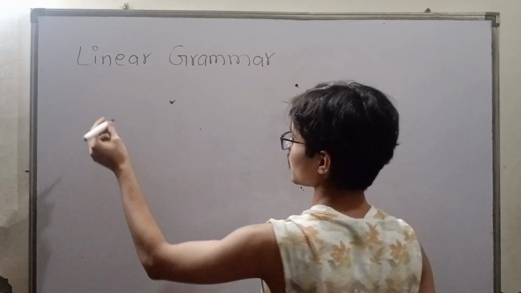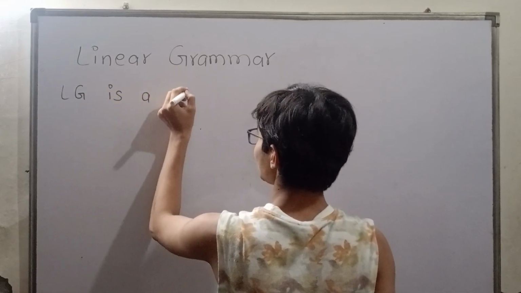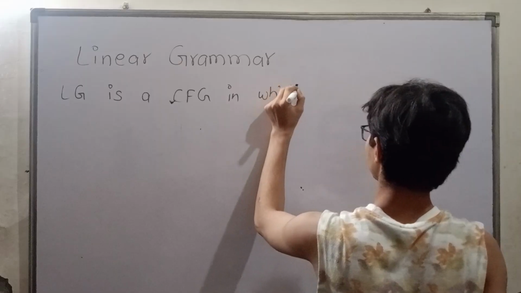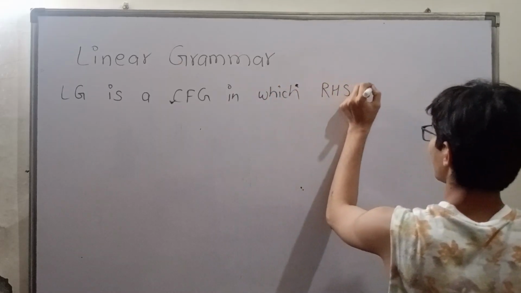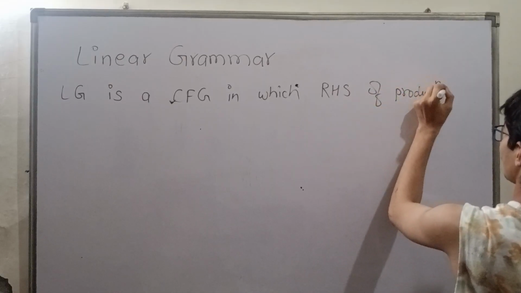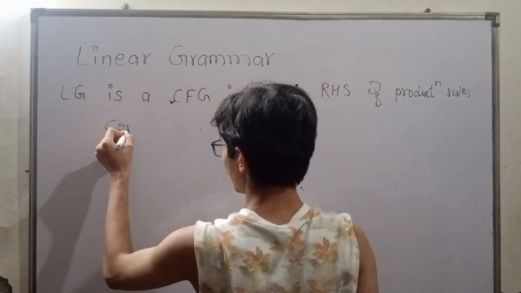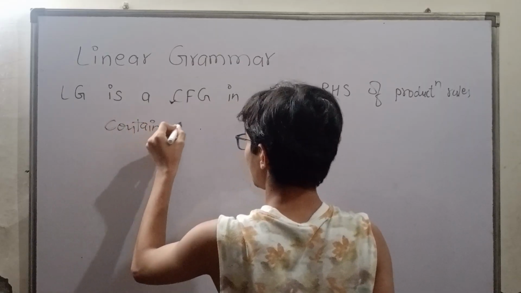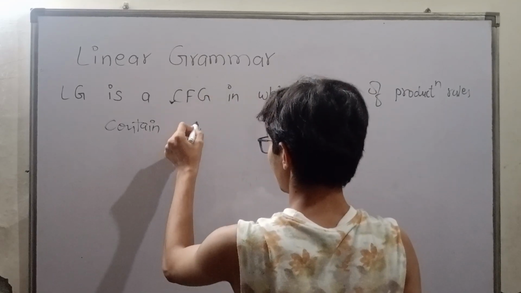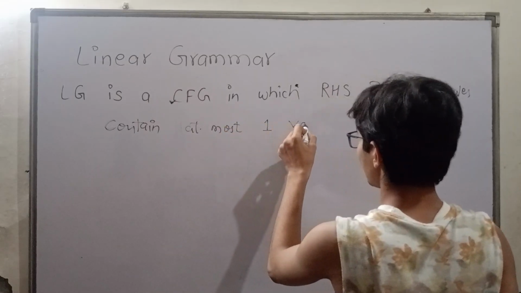Linear grammar is a context-free grammar in which the RHS of production rules contains at most one variable.